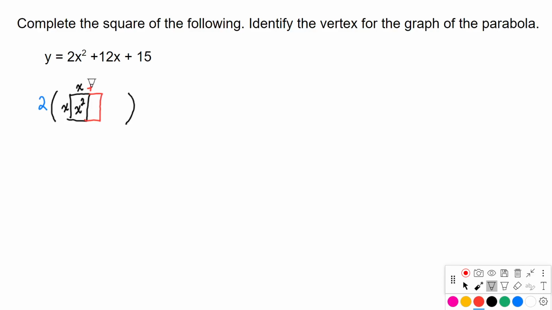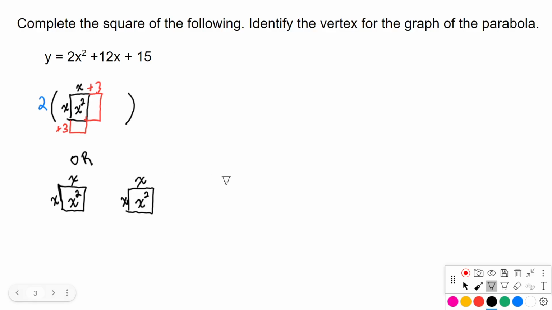Now, if you're not quite sure how I got this 3, I'll illustrate it here another way. I can start with 2 squares because it's 2x squared. So we have x by x.